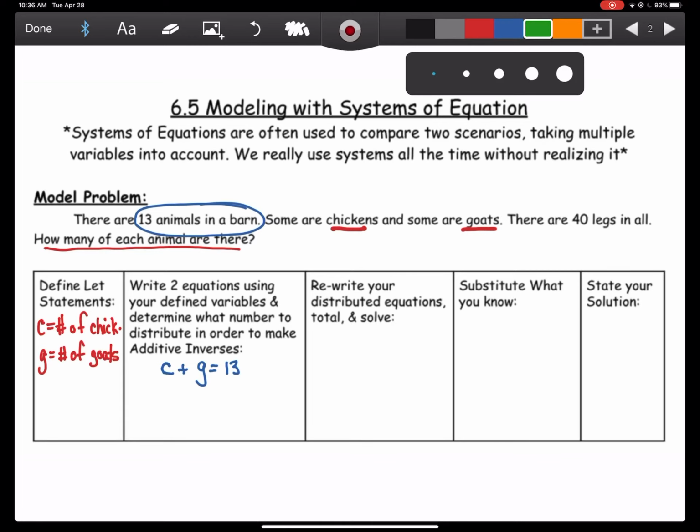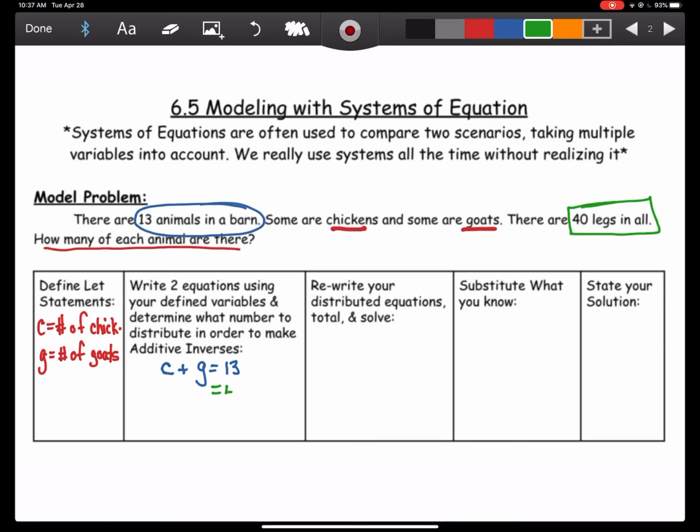That's going to be the simpler of the two equations that we use. Then there's more information. The other equation is going to come from this information where it says there are 40 legs in all. Now, we have to bring a little more to the table though. So 40 legs in all tells me that there are 40 as a total number. So that lines up with the 13 because those numbers are both total numbers.